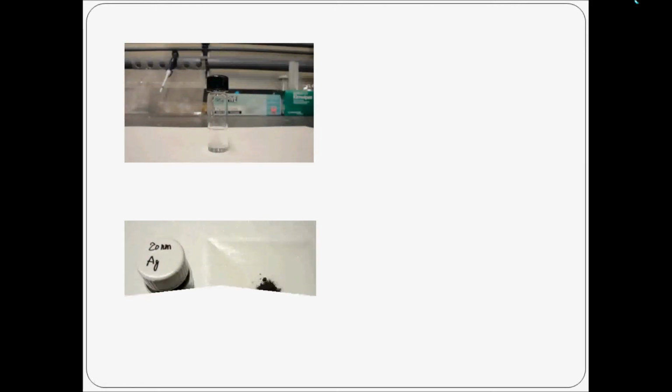And then we introduce the nanoparticles. They are 20 nanometer silver nanoparticles. It's quite small, and the reason why we use silver nanoparticles is because bulk silver has a very high thermal conductivity.